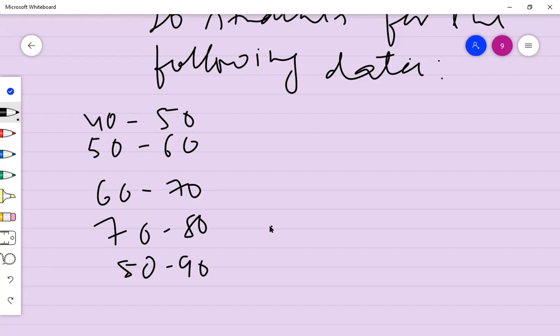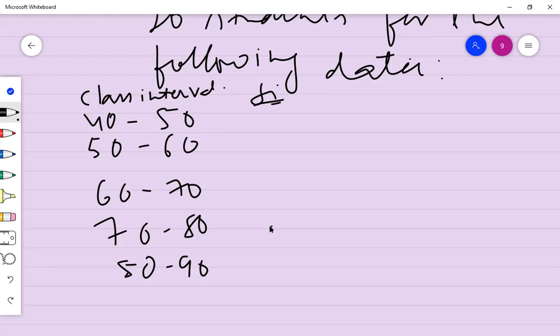So these are called class intervals. And suppose frequency is the repetition of observations. You may understand like that.